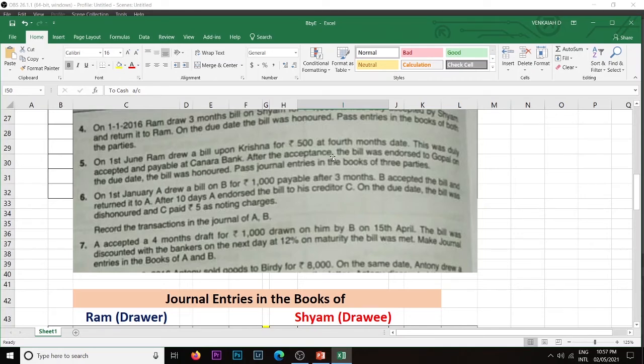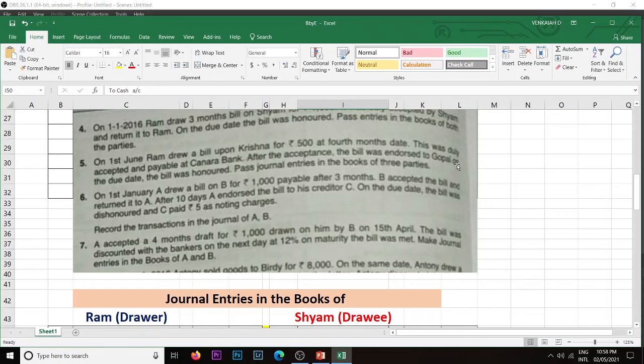After the acceptance, the bill was endorsed to Gopal. So here one more party is added. The drawer is Ram, the drawee or acceptor is Krishna. The bill is accepted by Krishna and Ram endorsed the bill to Gopal.